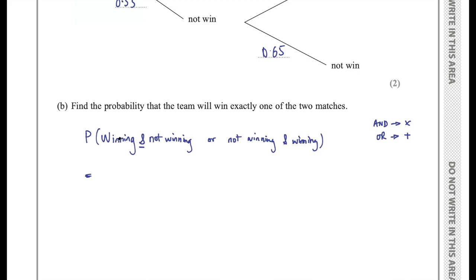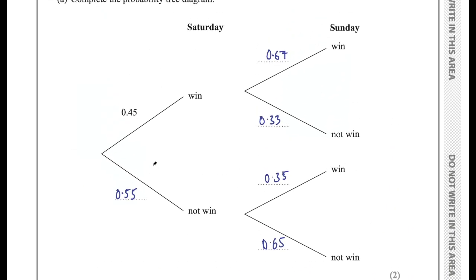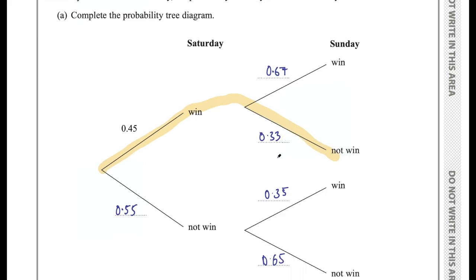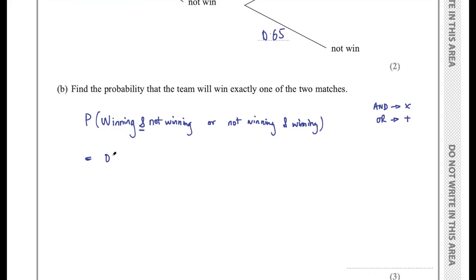Anyways, we want the probability of winning and not winning. So we go along this branch here: the probability of winning and then not winning, and we multiply these two. So we're going to do 0.45 multiplied by 0.35, plus not winning and then winning.